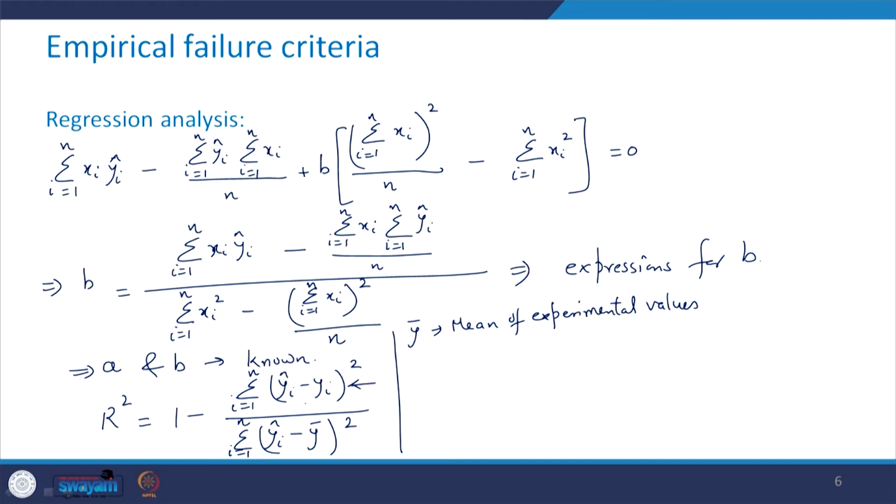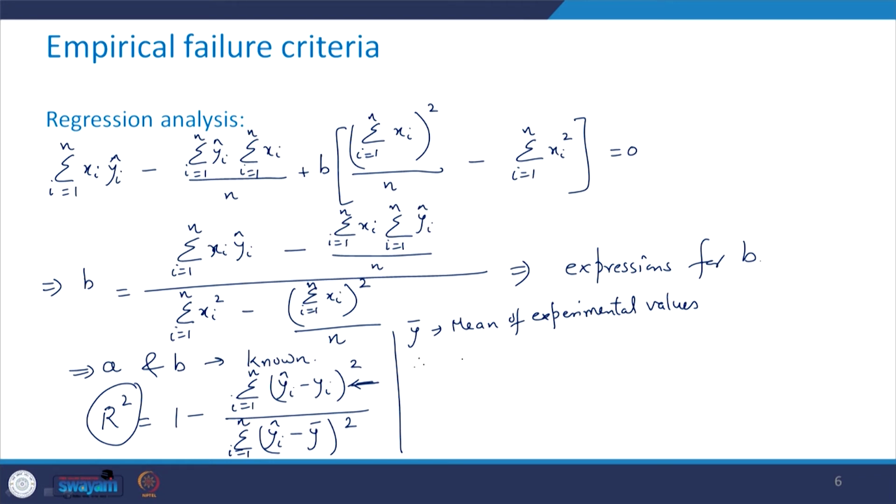If the numerator of this term is small, then this R square is going to be larger. A smaller difference signifies that it is a better representation of the data by the model.